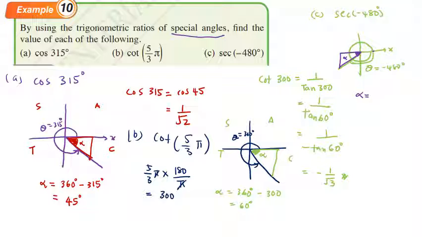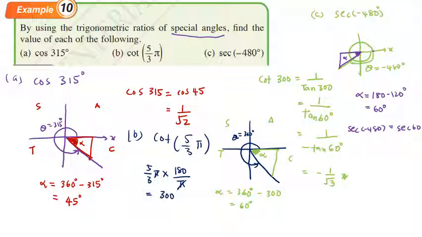From the x-axis to the third quadrant, it needs 180 minus 120. So the remaining is 60 degrees. So we know that secant negative 480 is equal to secant 60.